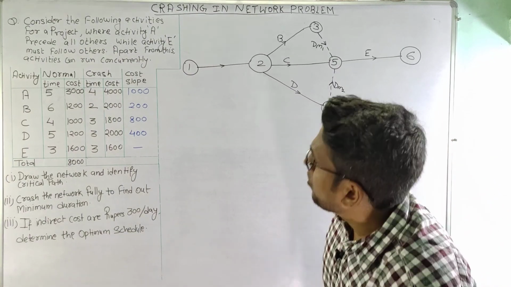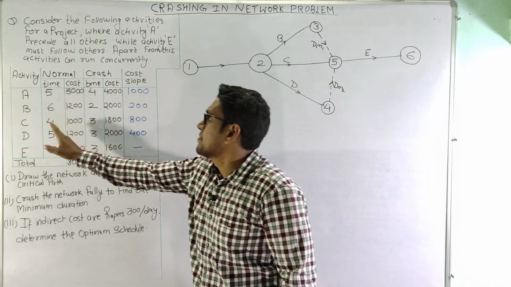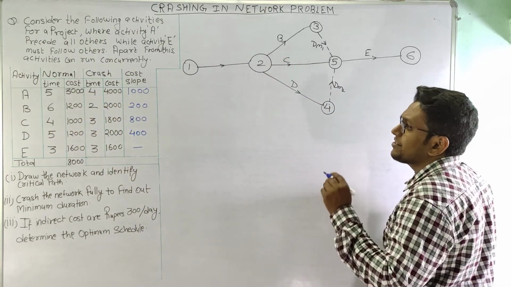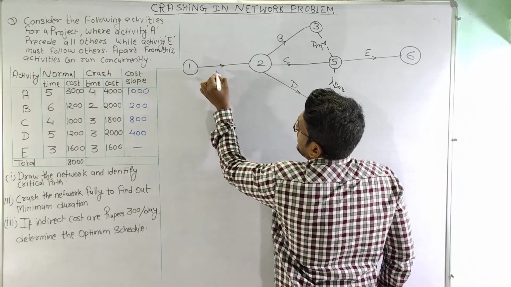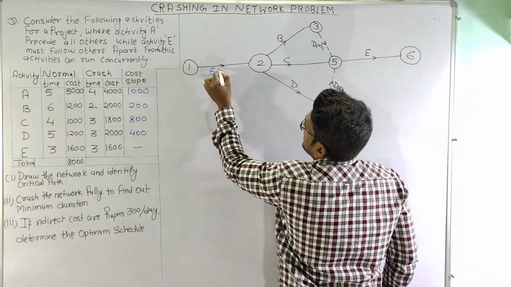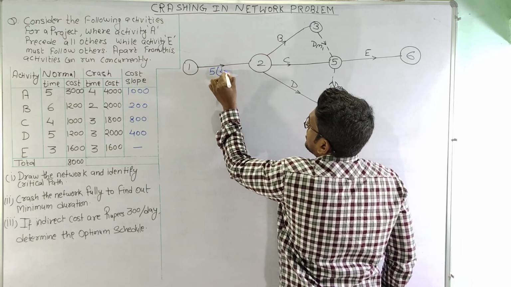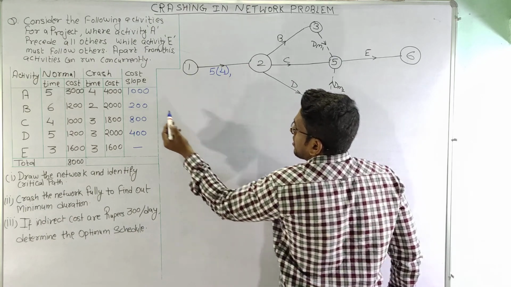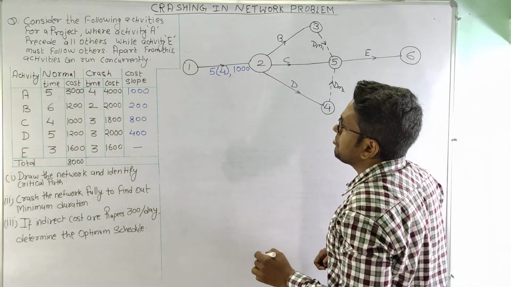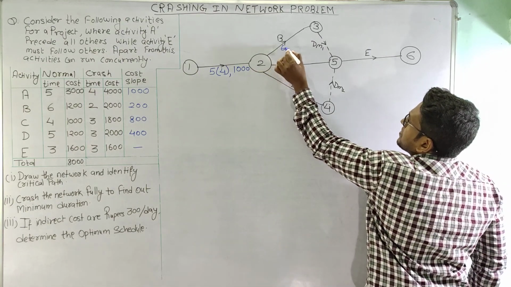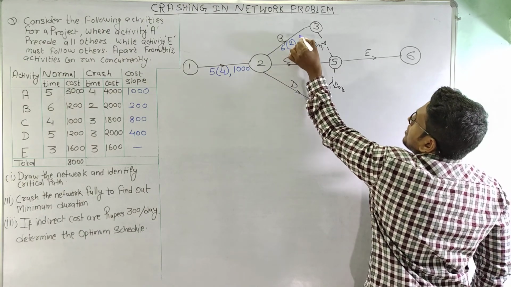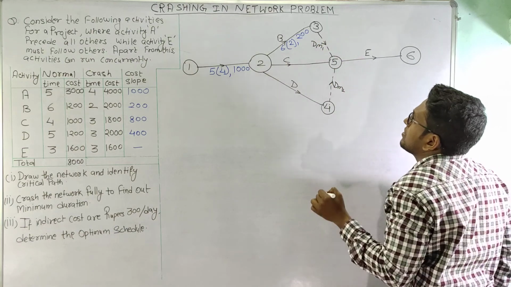Now let us see how we can show the normal time and crash time for these activities. So we need to follow a certain representation. We will write this as normal time, that is 5, and in bracket we write the crash time, that is 4, comma, the cost slope is 1000. Now for activity B, normal time is 6, crash time is 2, and the slope is 200.